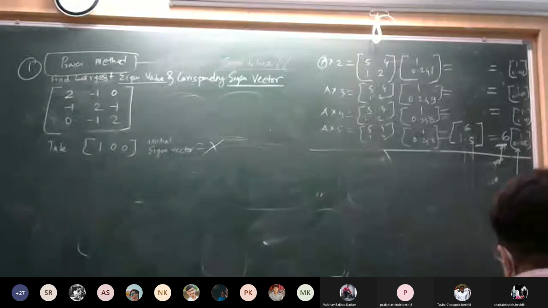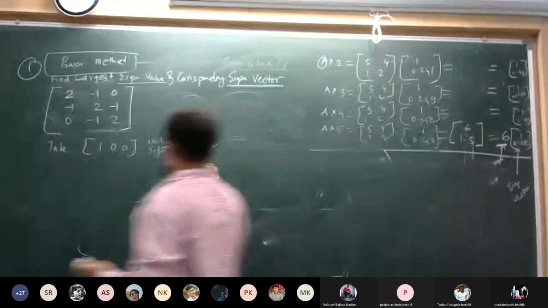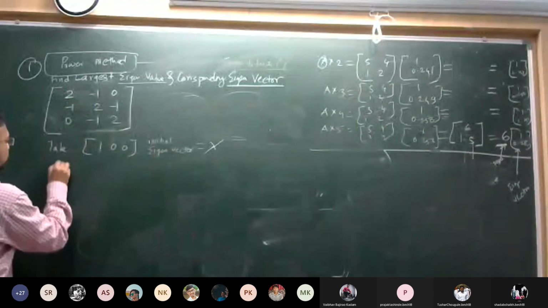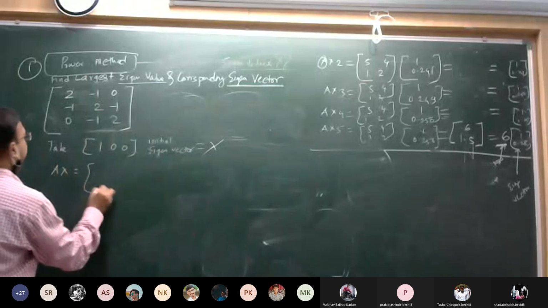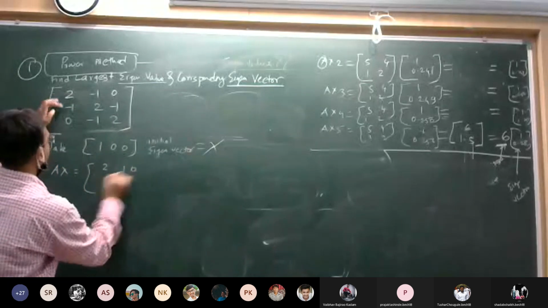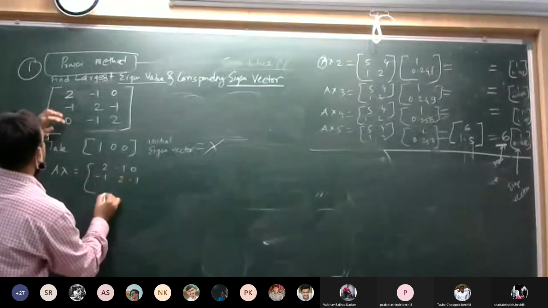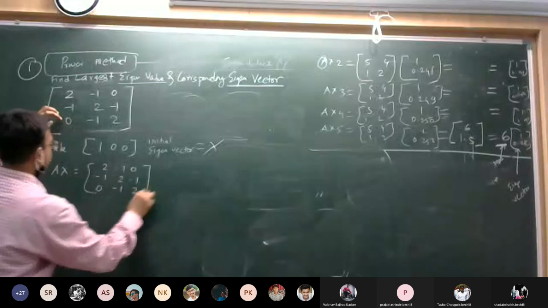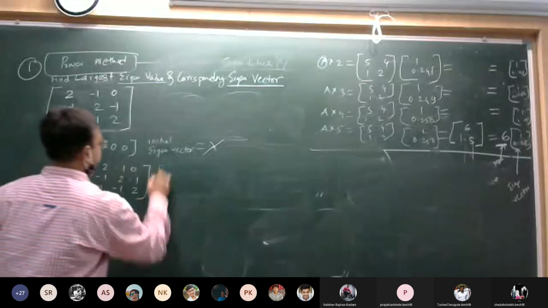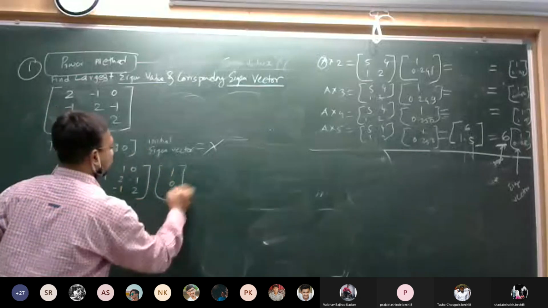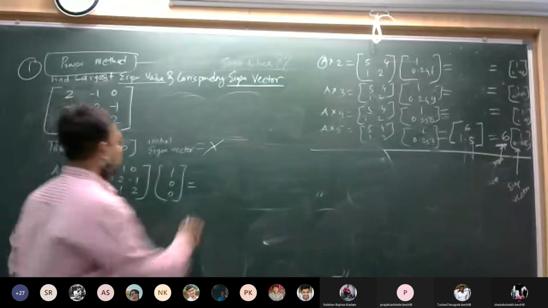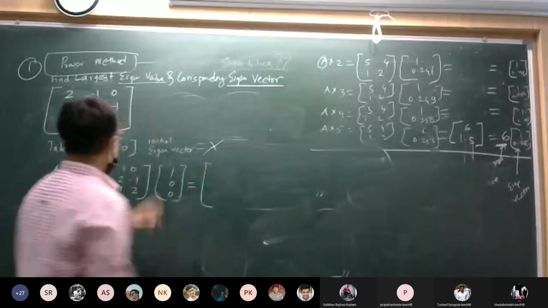Okay, we have to start with this matrix as A into X. The matrix given is 2, -1, 0, -1, 2, -1, 0, -1, 2 into X. The X value we have to take as 1, 0, 0. So we do that multiplication with 1, 0, 0.